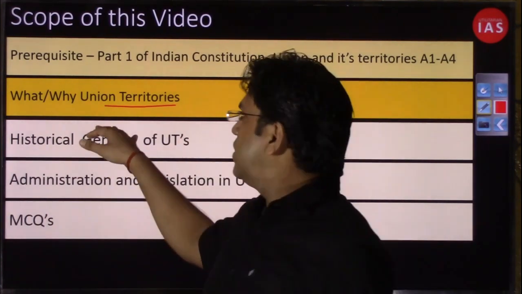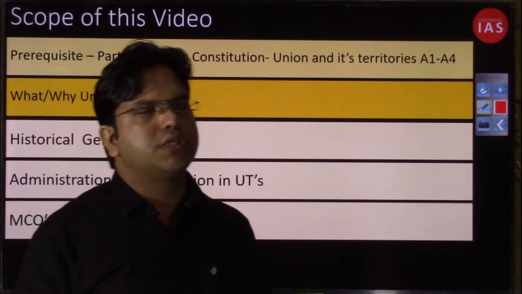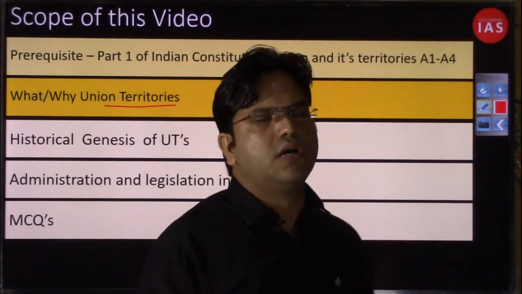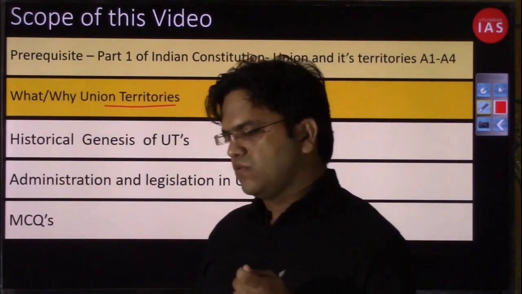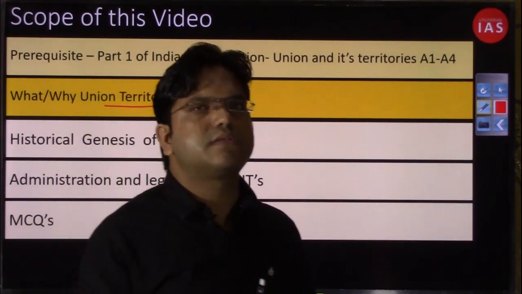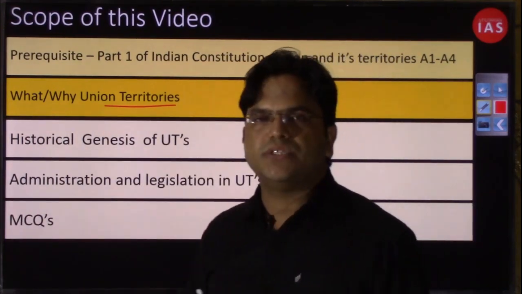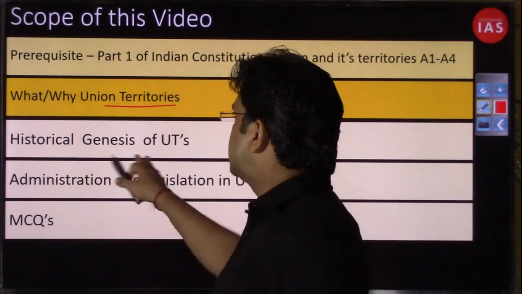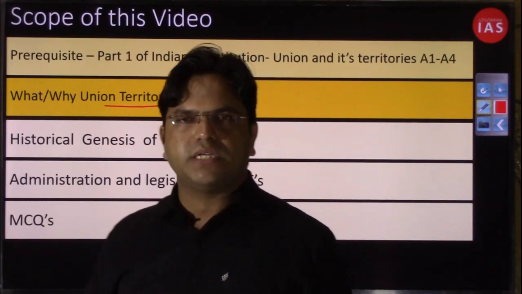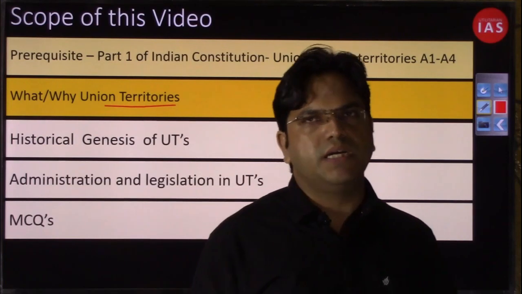So that aspect we'll see: why these union territories, what are the historical reasons, what are the cultural reasons, what is this cultural distinctiveness, this cultural uniqueness, what is the security angle, what is the strategic angle behind having these union territories. Then we'll discuss the historical genesis of union territories, like how many union territories we had after independence.